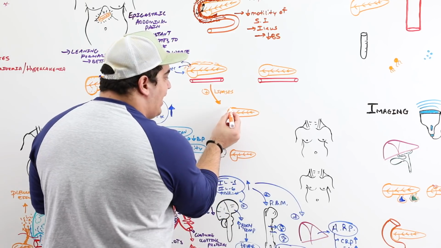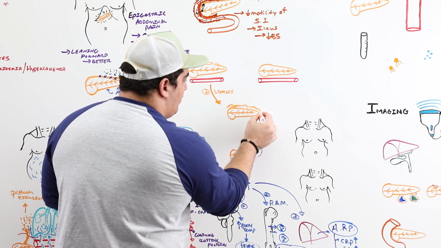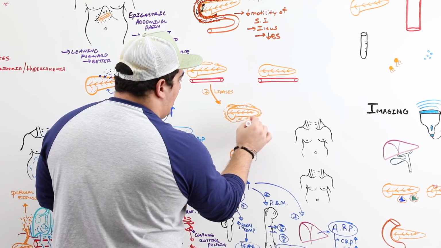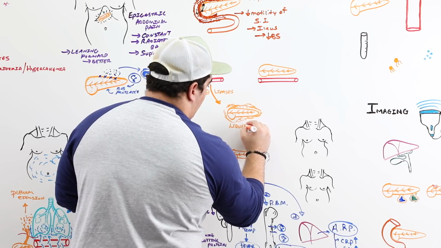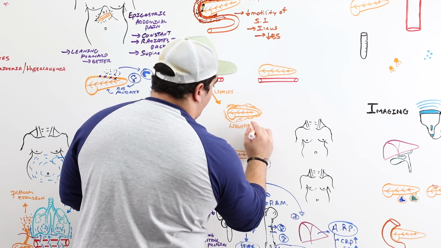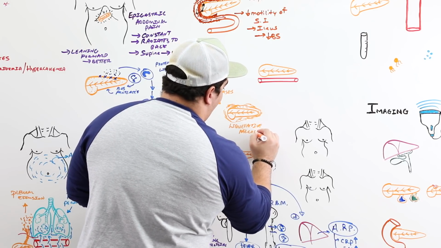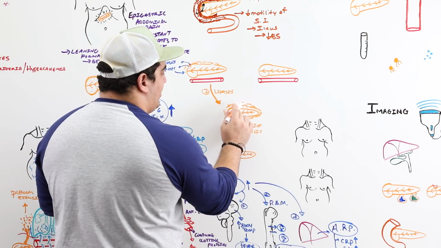You know what that leads to, when this peripancreatic fat tissue starts becoming destroyed and damaged? It leads to a process called liquefactive necrosis. And what's really interesting about this is you start damaging some of the actual pancreatic tissue.